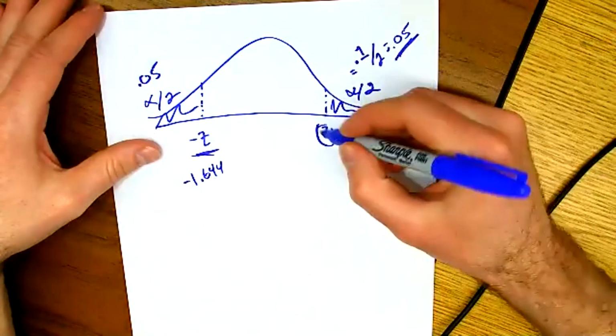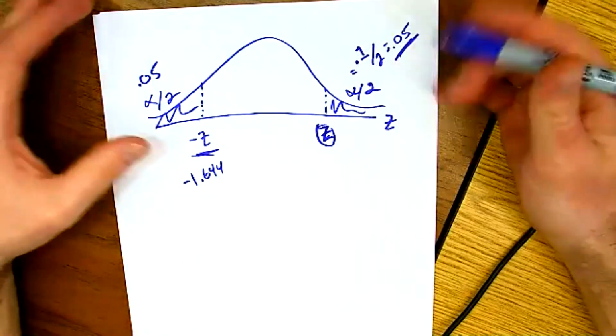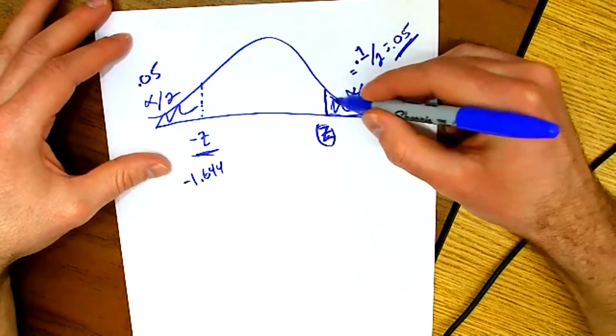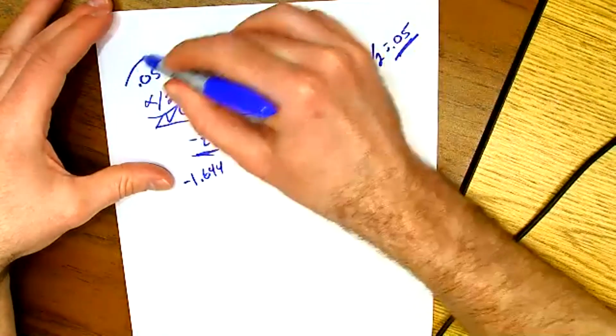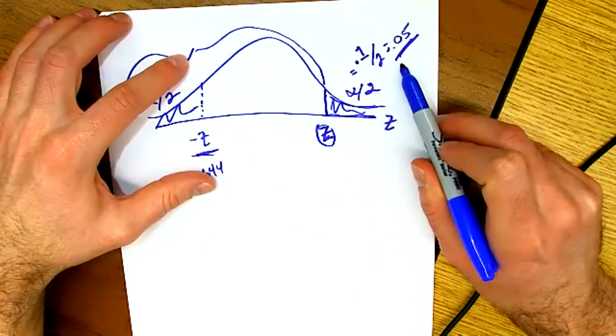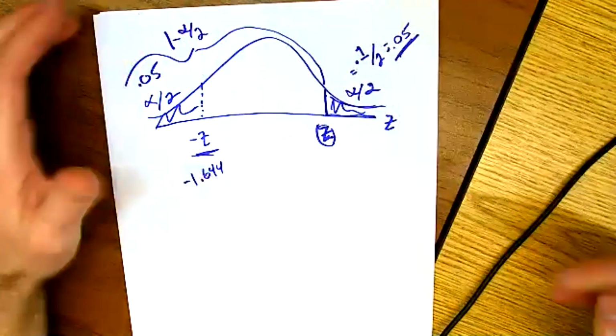Or what I could have done, if I wanted to get the positive one, well, if there's 0.05 in the upper right tail as well, what area would be to the left of this z-score? Just 1 minus that, or 1 minus alpha over 2.